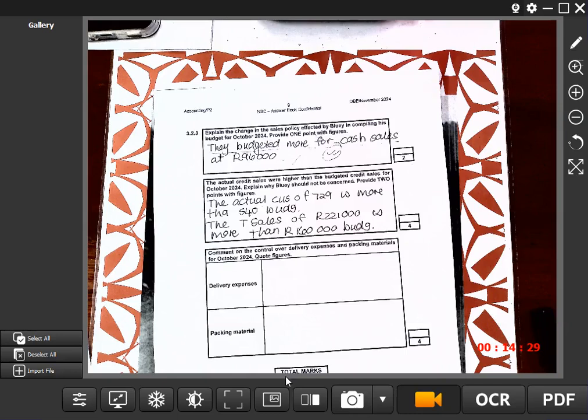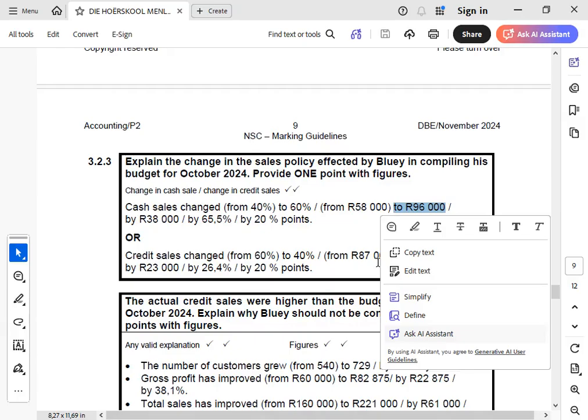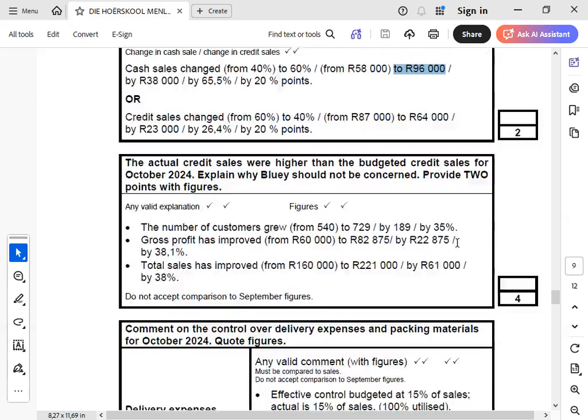Let's check, because I hope I always think right, but I don't always. Yeah, can you see? The number of customers, the gross profit, and the total sales. Okay. Always try and keep it as less complicated as possible. The moment you start subtracting and getting the difference, then there is a bigger margin of error than just saying it's more, it was so much, it is now so much. You see? Okay.